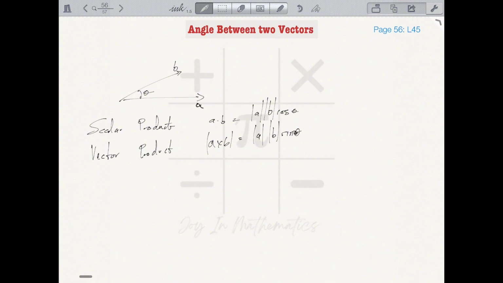Now if we go from the scalar product, we can evaluate that A dot B, if you divide both sides by magnitude of A magnitude of B, we'll have cos theta.